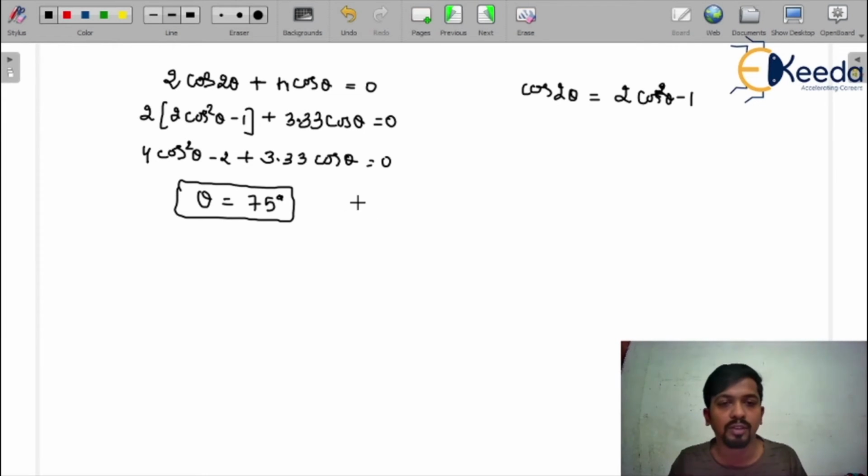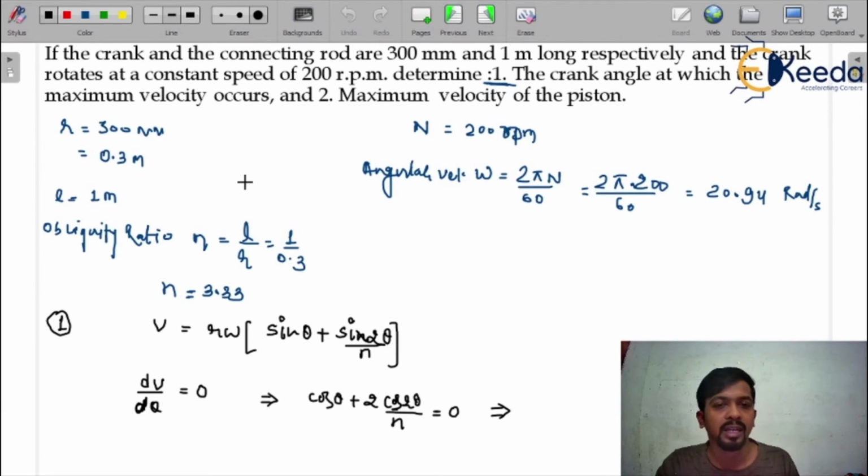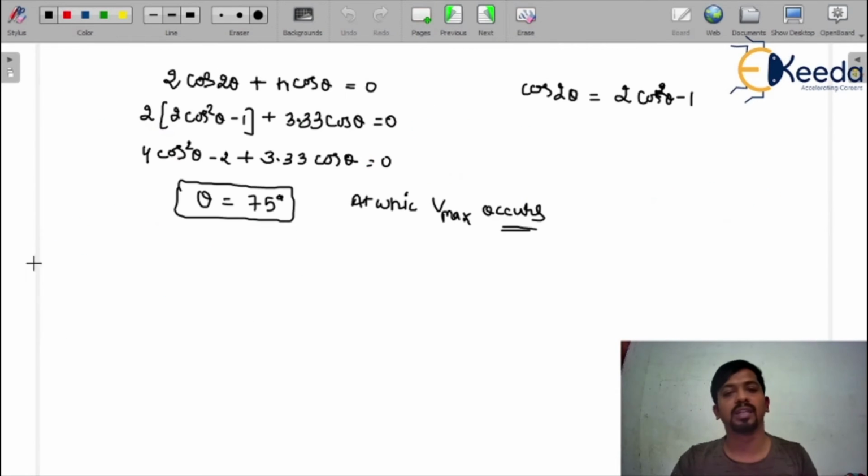This is the answer for the first part of the question. In the second part of the question, we have to calculate the maximum velocity of the piston. We just have to put this theta value in the equation.